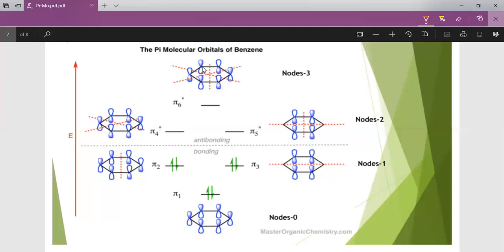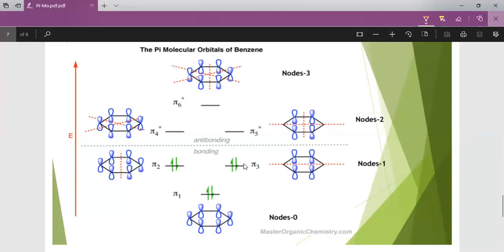Now we should go for the filling of the electrons. Each p atomic orbital is associated with one electron. Those electrons are first filled up in the bonding molecular orbitals. So these bonding molecular orbitals are filled completely. Compared to Ψ1, Ψ2 and Ψ3 are the highest energy levels which are completely filled with electrons.